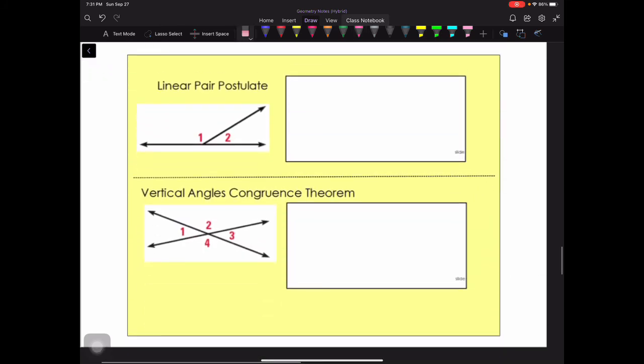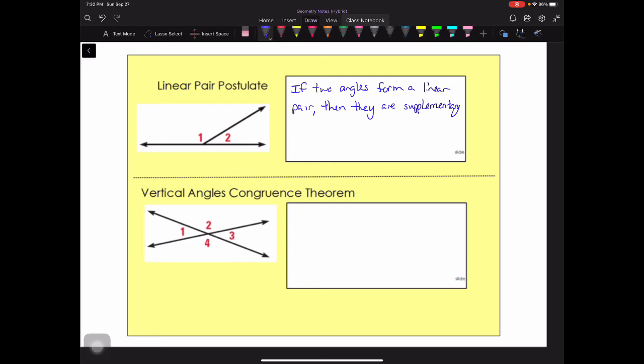So, taking a look at the linear pair postulate. If two angles form a linear pair, then they are supplementary.